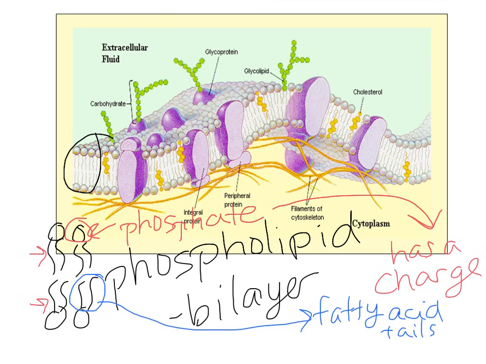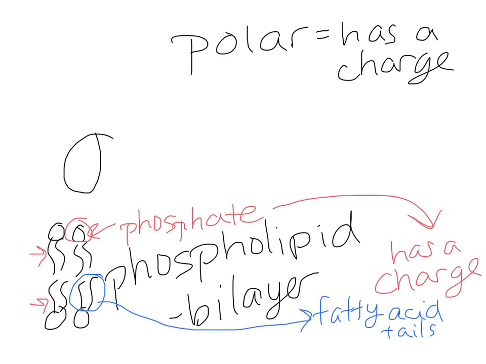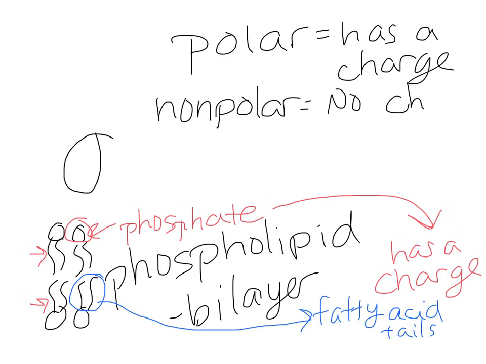And in biology, when we talk about something having a charge versus not having a charge, we are talking about whether something is polar versus non-polar. And we're going to talk about polarity a lot when we do plants, but just so we can get used to those words, if it's polar, it has a charge, and if it is non-polar, there is no charge.